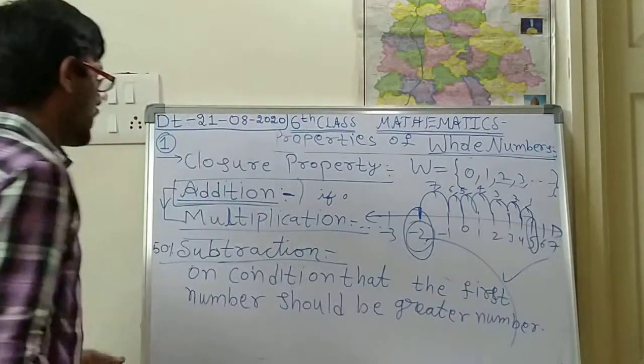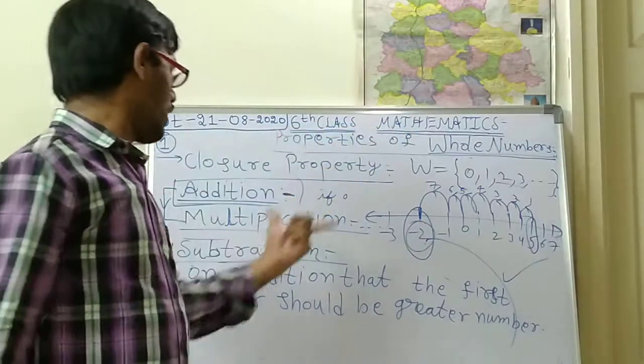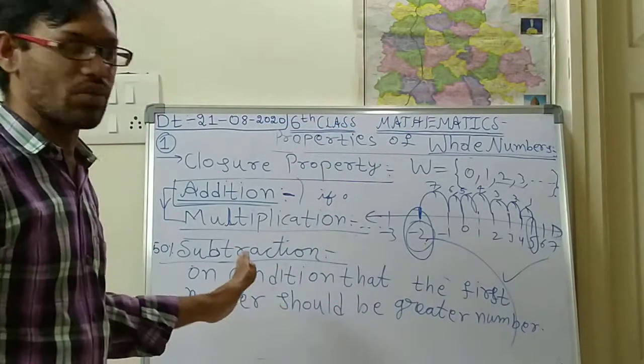Then only this closure property of whole numbers under subtraction will be satisfied.